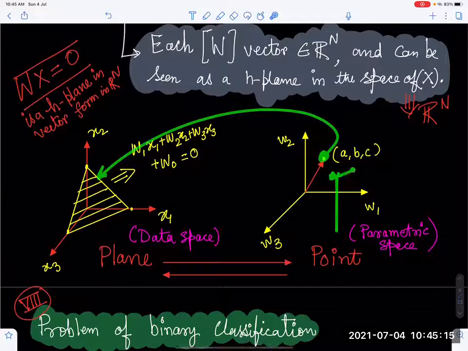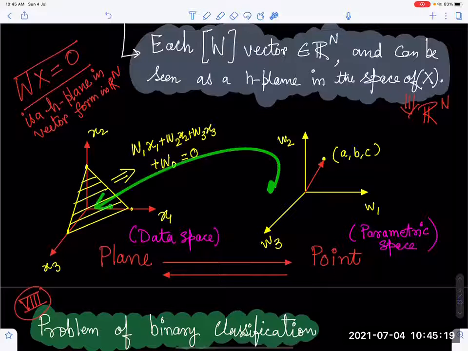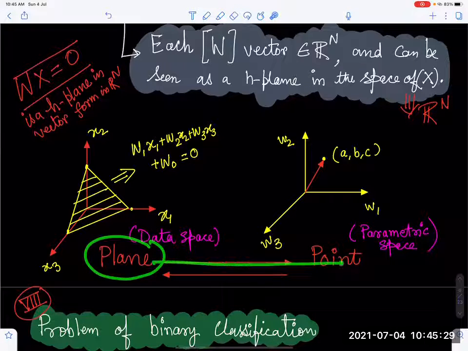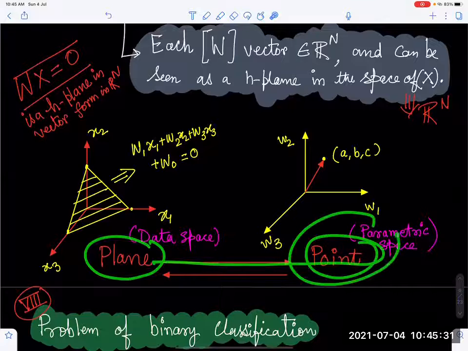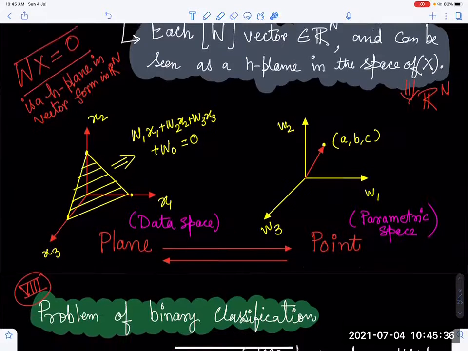If I take another point, that's a different plane. If I take something over here, it's a third different plane. You have an infinite number of planes. So a plane over here is actually a point over here, and a point over here is actually a plane over here. Clear? Okay.